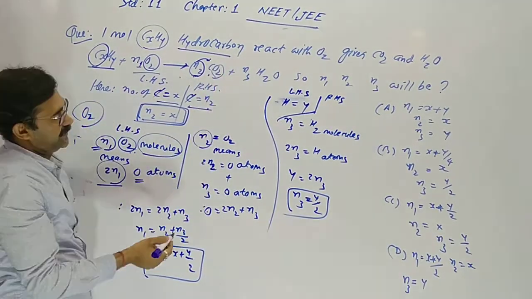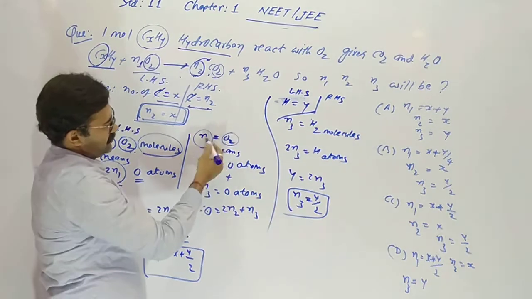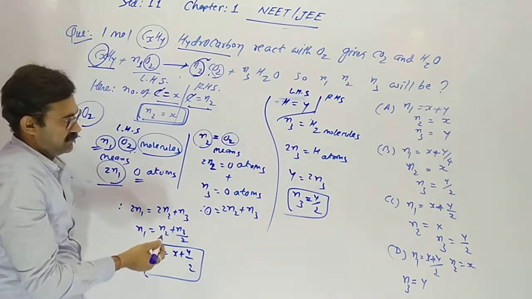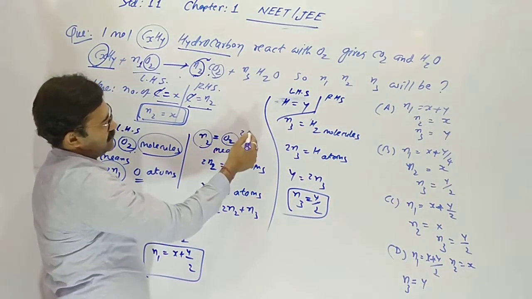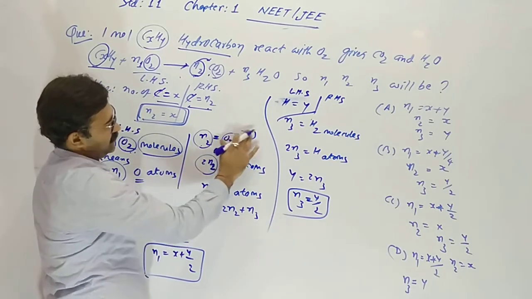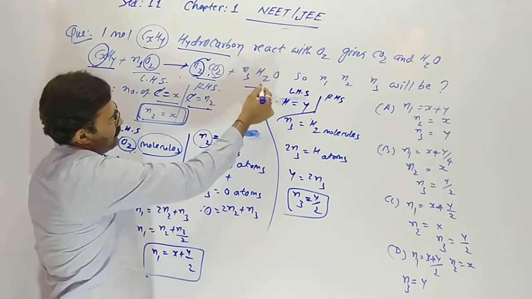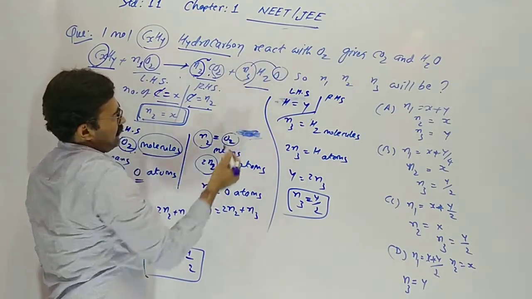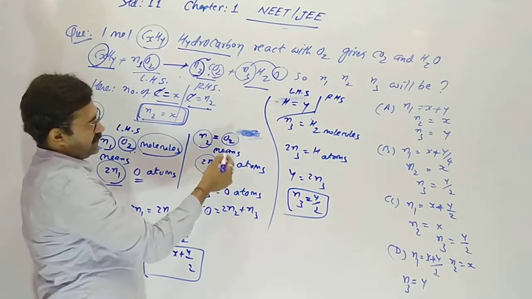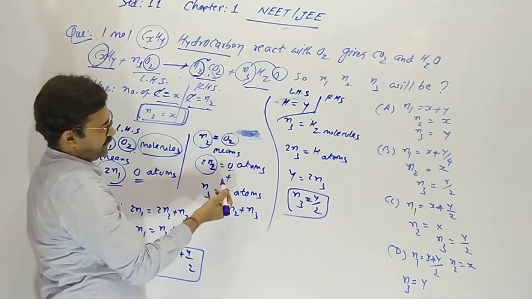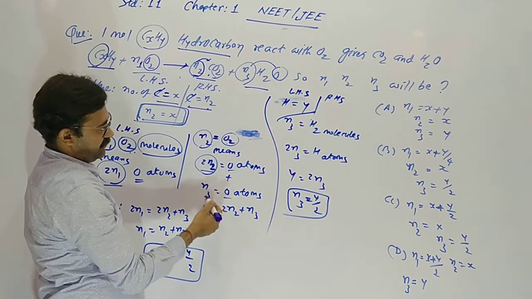This is also a molecule, so it has 2 oxygen atoms, meaning 2N2 oxygen atoms. Now N3 mole of water has N3 oxygen atoms, once, not twice.